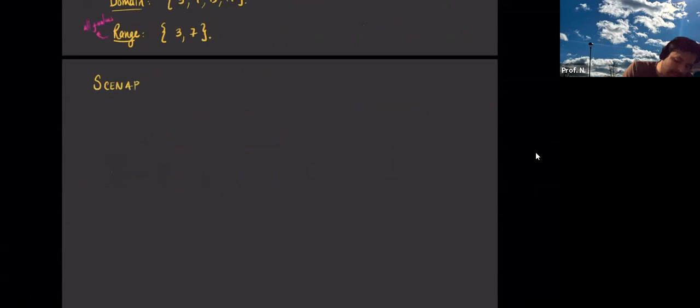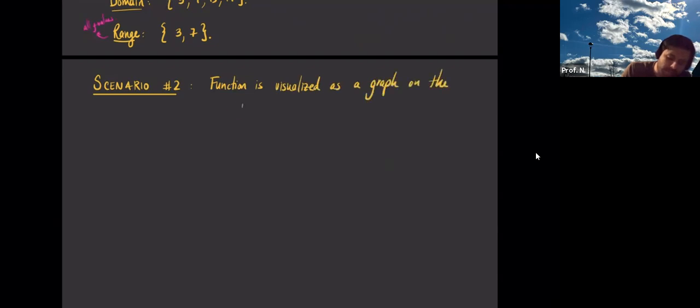Now, what if I don't have a set of ordered pairs? What if, in the second scenario, my function is expressed in a graph? My function is visualized as a graph on the Cartesian plane.